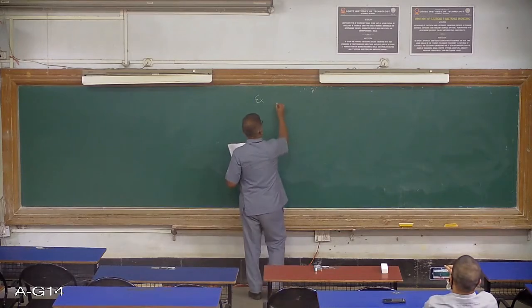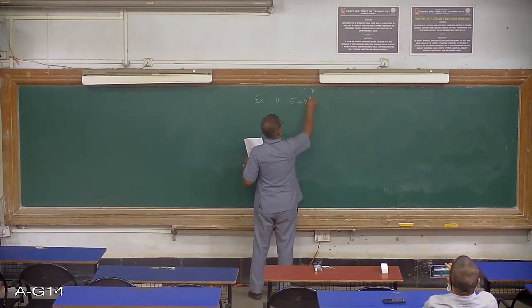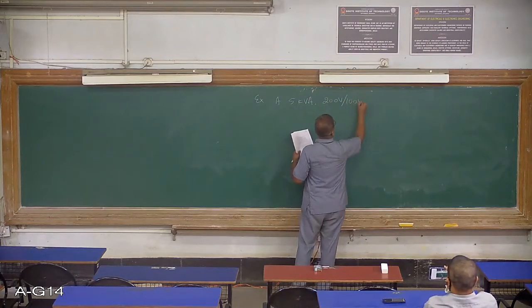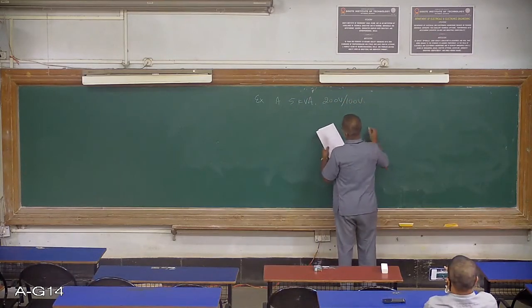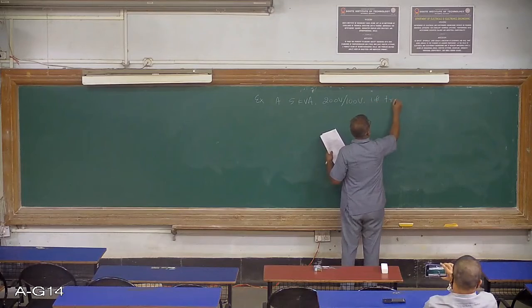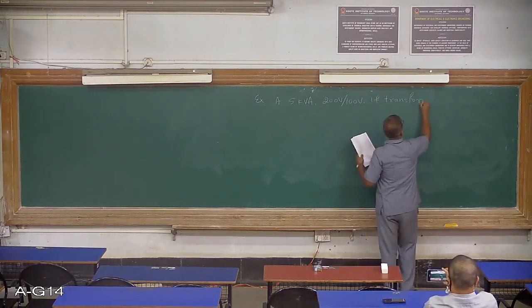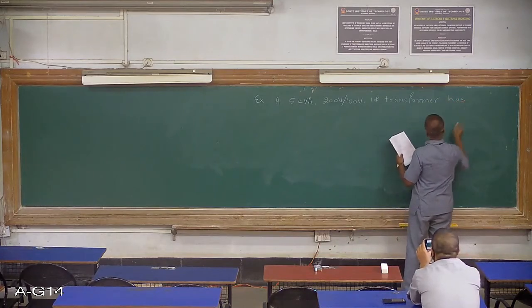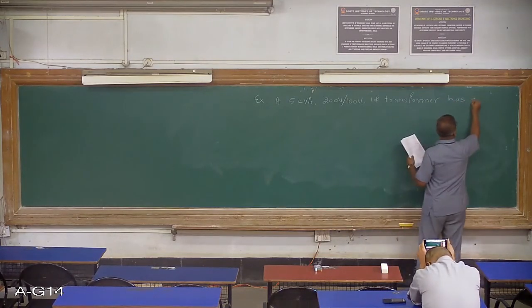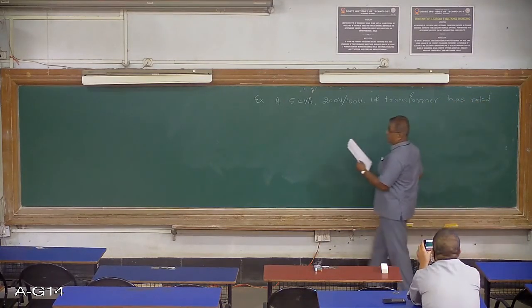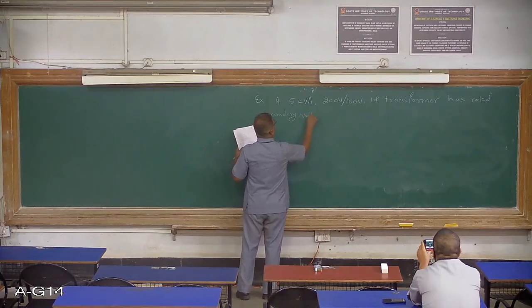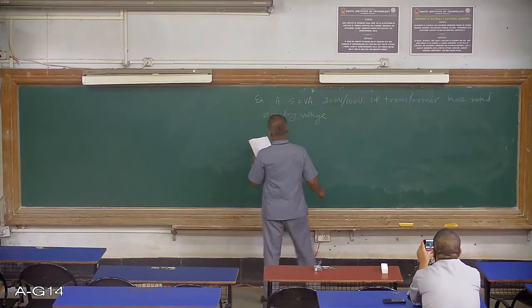Example: a 5 kVA, 200 volt by 100 volt single phase transformer has a rated secondary voltage on full load.